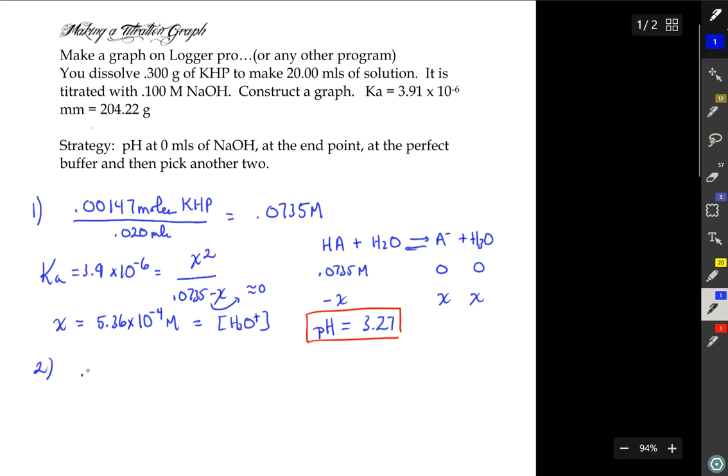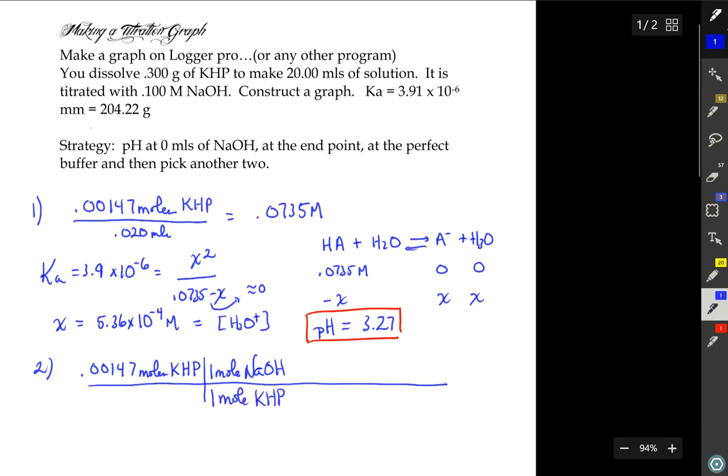So if I start with 0.00147 moles, I'm going to use some stoichiometry here. 1 mole of NaOH equals 1 mole of KHP, a 1:1 ratio.